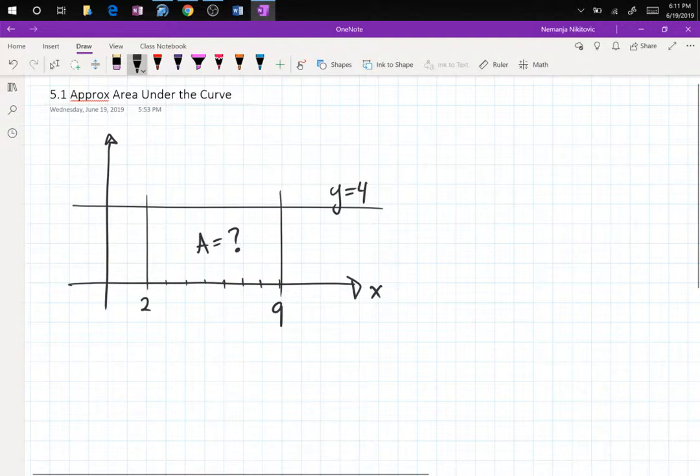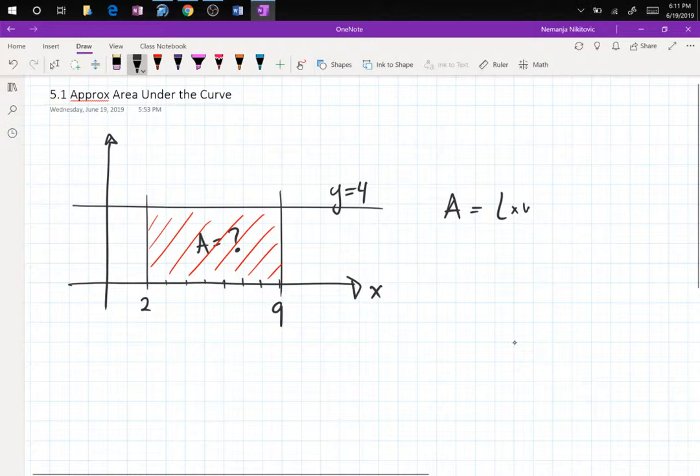So if my function is y equals 4 and I'm looking for the area from 2 to 9, well, that's going to be the area of this rectangle. We know that the area of the rectangle is, as you told me, length times width, x times y, whatever you want to call it. Length times height, fine.